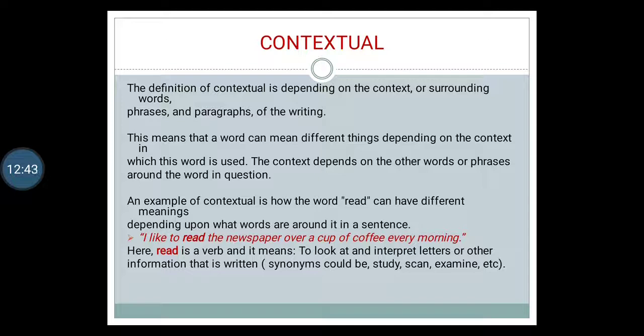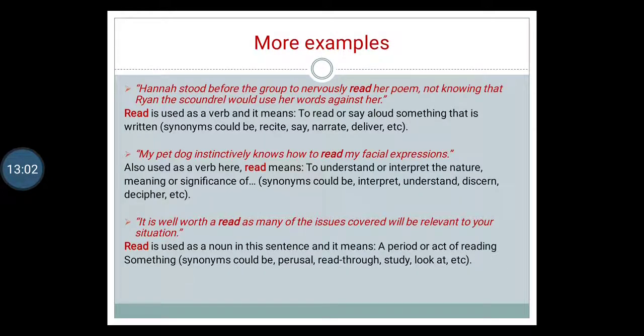Read here is more of a silent read. Read in this particular example, I like to read the newspaper, is more of a silent reading, a reading in the mind rather than reading aloud. Unlike the next one that says, to nervously read her poem. Now, this read has to do with reading aloud. So can you see the different contexts?